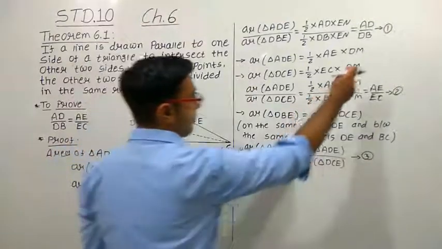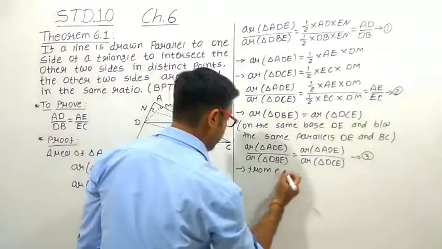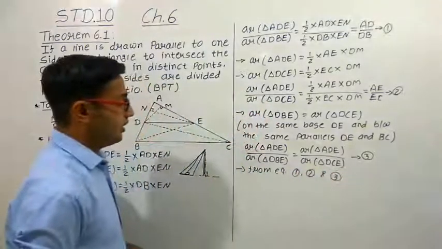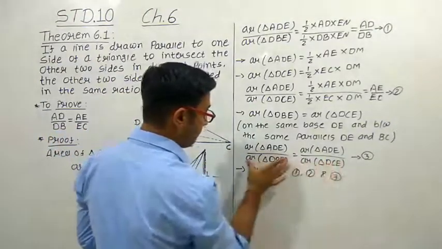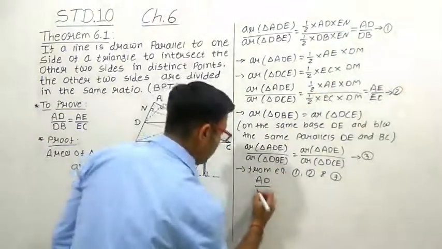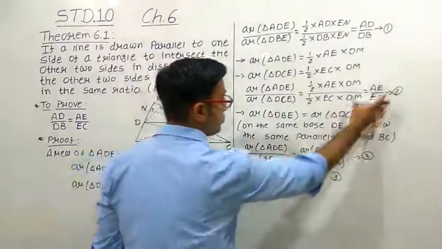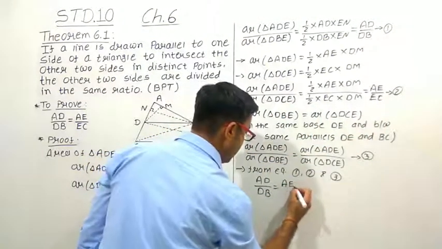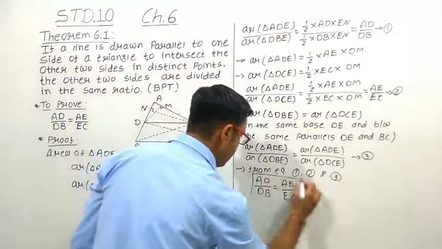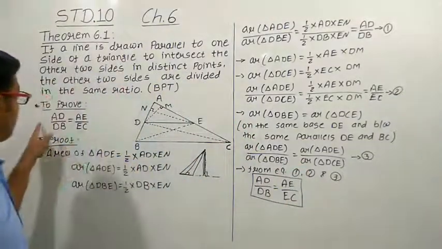Now from equations 1, 2 and 3, what can we write down? If these two ratios are equal, this ratio is equal to AD upon DB, and this ratio is equal to AE upon EC. AE upon EC. And see, this is the thing that we have to prove.